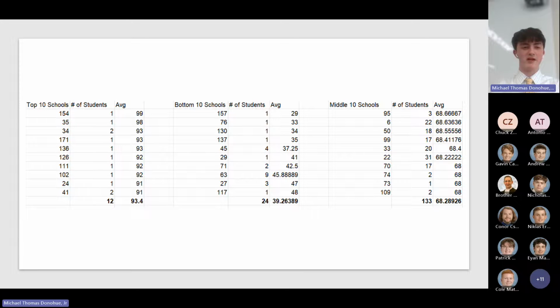But at the same time, I also made sure that the number of students was visible. So you could see, for example, for the top 10 schools, school 154 only had one student with a 99 average. So another student coming from that school might not meet that 99 average because that's pretty high. So our admissions department wouldn't say, oh, and below 99, that's not good enough. So yeah, you have that context with the number of students.